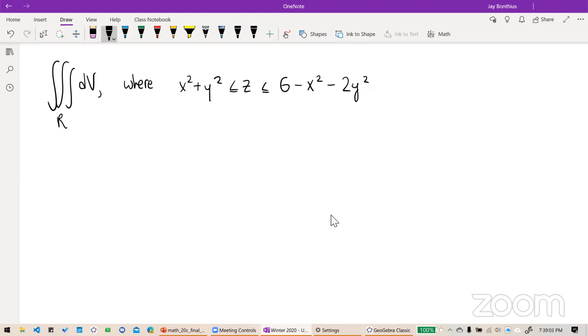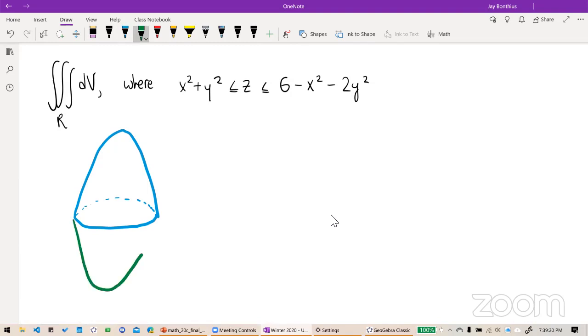Okay, so I'm just going to draw a really terrible picture. Here's one of those paraboloids, and here's another one of those paraboloids.